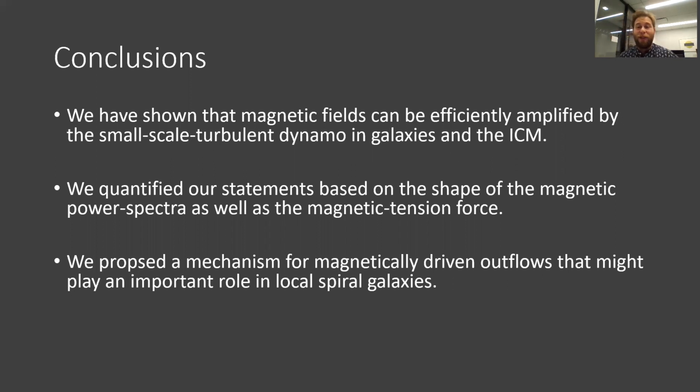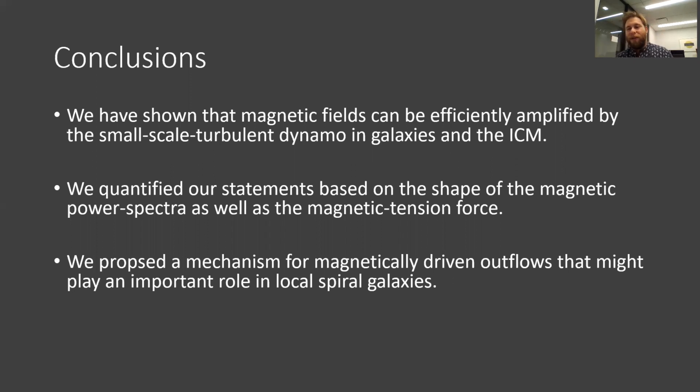I forgot to mention this earlier, but the interesting thing is that this might play an important role in local spiral galaxies, because in the CHANG-ES sample, people observe these X-shaped halo fields, which our process produces naturally.